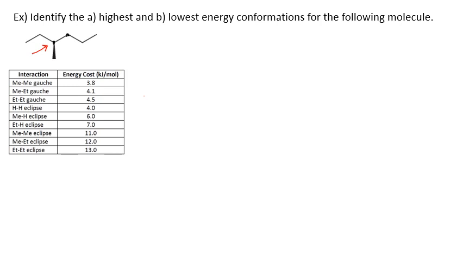You'll always be told what bond axis to look down, but with this problem, I'm picking these two in particular because if I want to get the highest energy conformation, this is going to give me the most interactions.